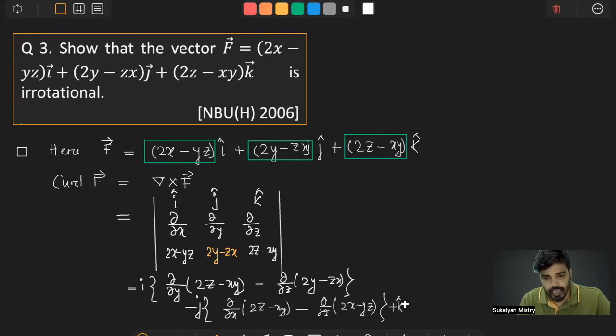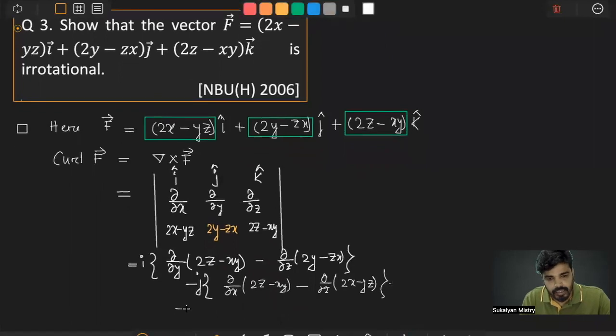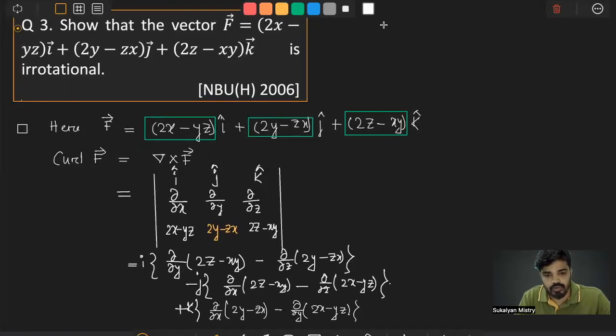Plus k times del x of (2y minus zx) minus del y of (2x minus yz).